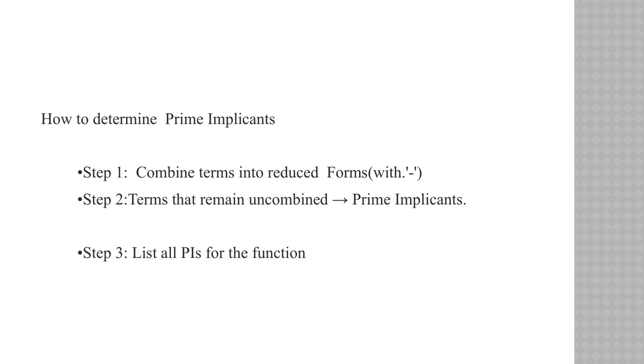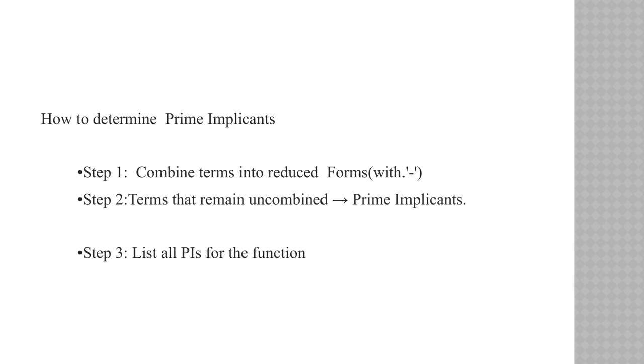All right, let's talk about how to determine prime implicants. First, the key step is to combine terms into reduced forms, and you'll notice these forms often include a dash, like a hyphen, to show the combined bits. This step helps us simplify the expressions by merging terms that differ in only one position. Next, the terms that can't be combined any further, these remaining terms, are exactly what we call prime implicants.